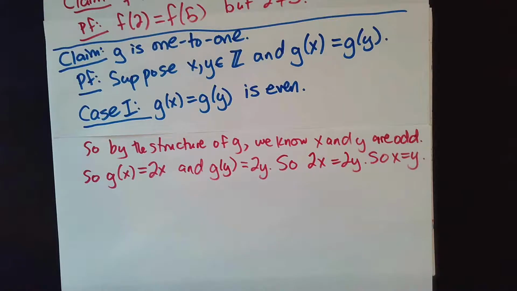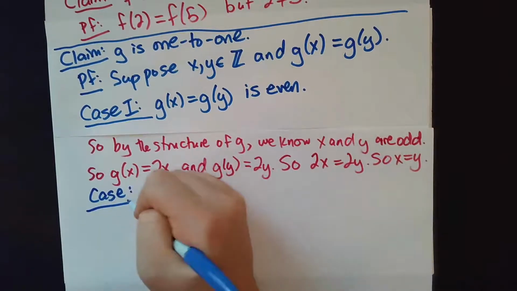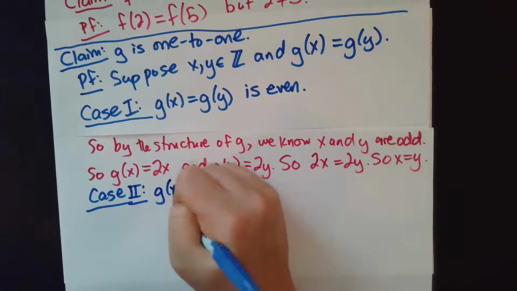And as you might guess, my other case is going to be very similar. Namely, my other case here is going to be that g of x equals g of y is odd.